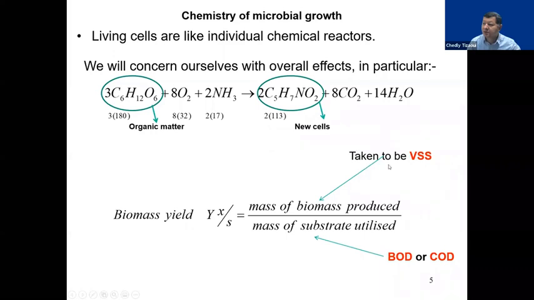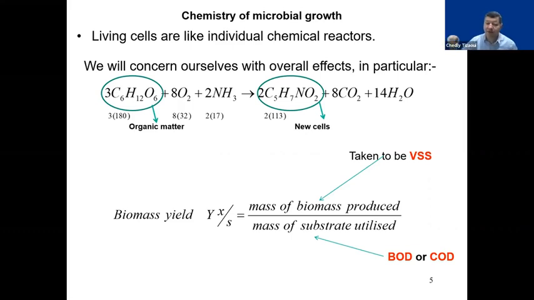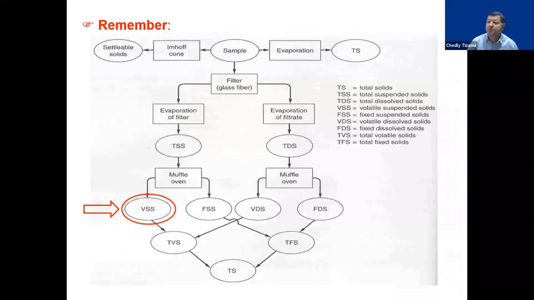But in all cases, it is measured as VSS, volatile suspended solids. And if you recall these various types of solids, the diagram we had before, hopefully you'll see what it is, but I'll show you in a minute. So the biomass, you have the VSS to represent the biomass content. And for the substrate, we use BOD and COD as we defined them before.